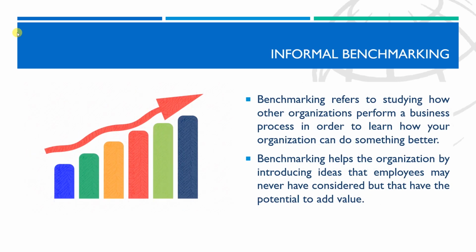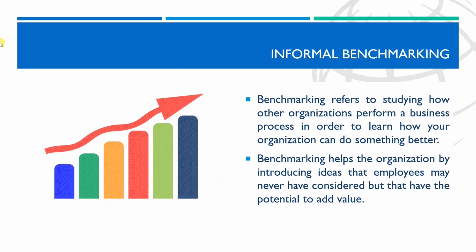And another procedure is informal benchmarking. Benchmarking refers to studying how other organizations perform a business process in order to learn how your organization can do something better. Benchmarking helps the organization by introducing ideas that employees may never have considered but that have the potential to add value. Informal benchmarking is fairly common for customer-facing business processes, for example, processes that interact with the customer.